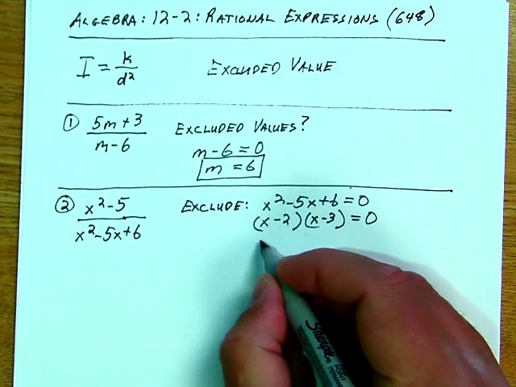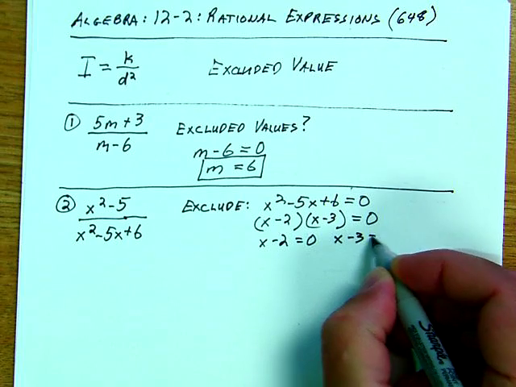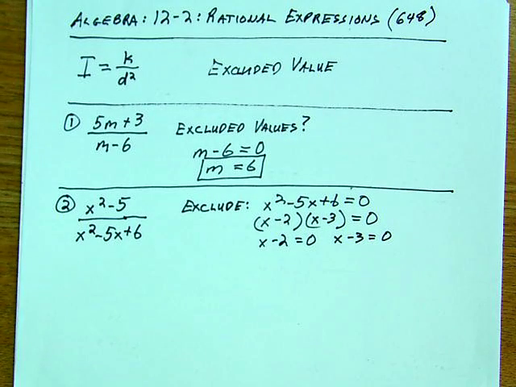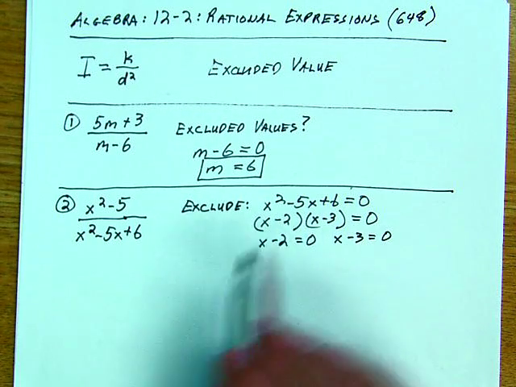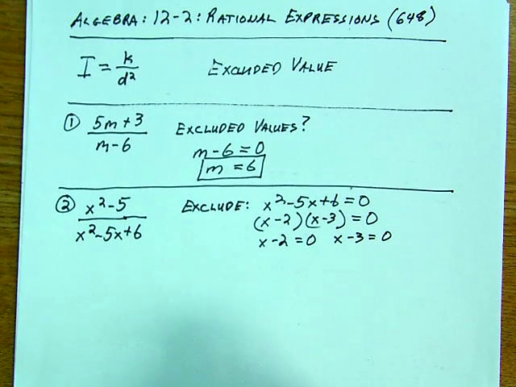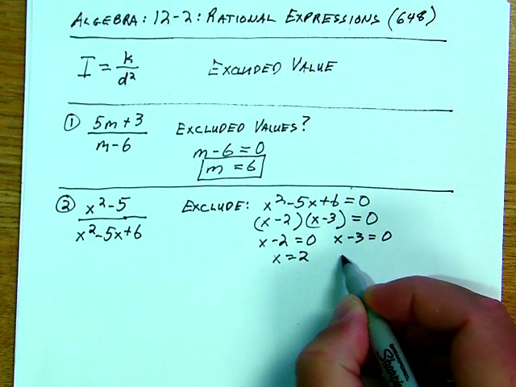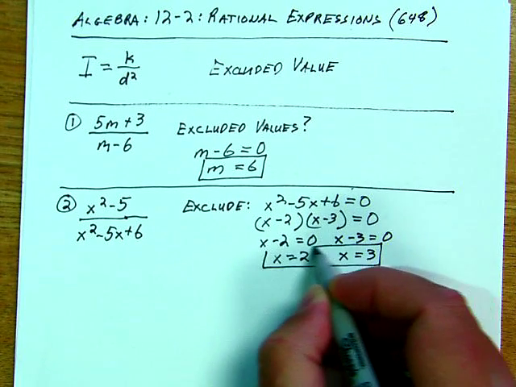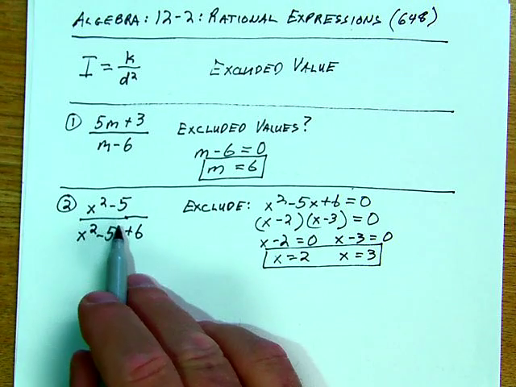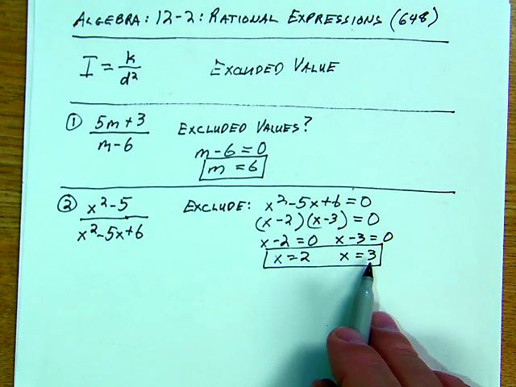So now I set each of those equal to 0, because the zero product theorem says that if the whole thing is equal to 0, one of the two, or both, must be equal to 0. So I get x equals 2 and x equals 3. So my excluded values for this rational expression are 2 and 3.